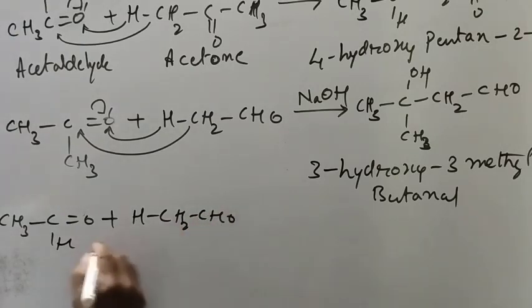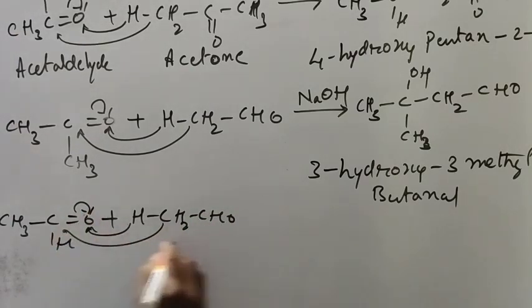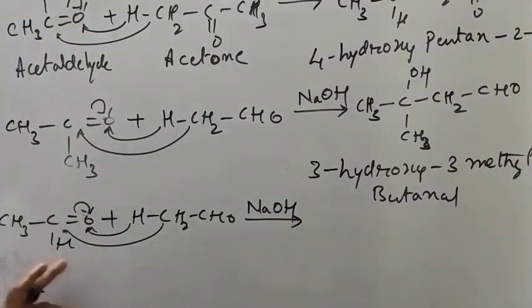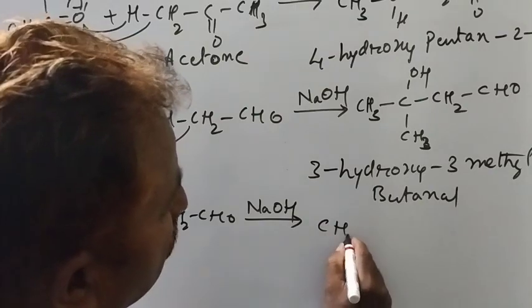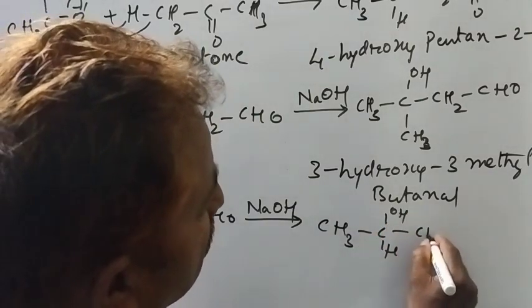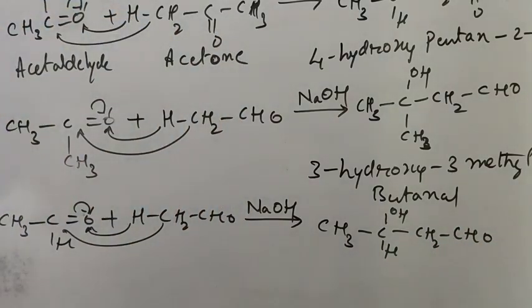Therefore the bond shifts in this manner in the presence of NaOH. Therefore what is the substance we get? CH3 C OH H, this is CH2CHO. Therefore this is a beta hydroxyaldehyde, or 3-hydroxybutanal.